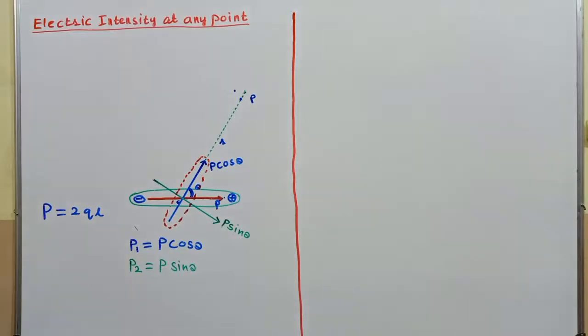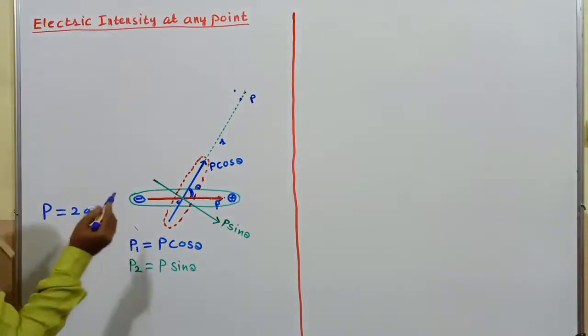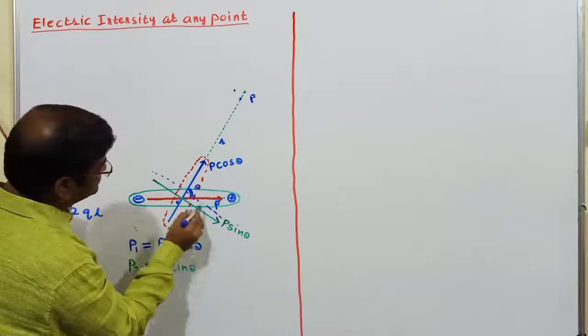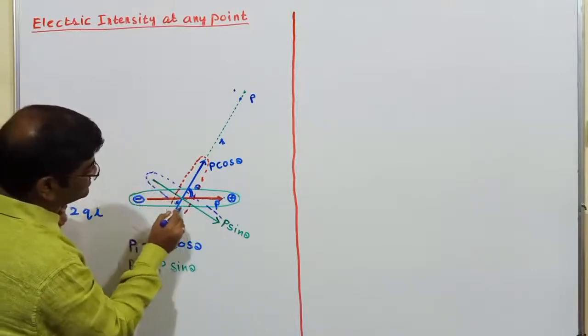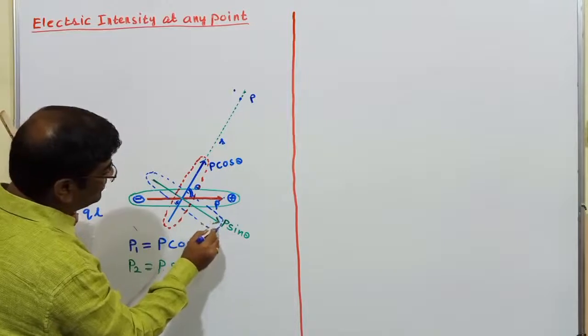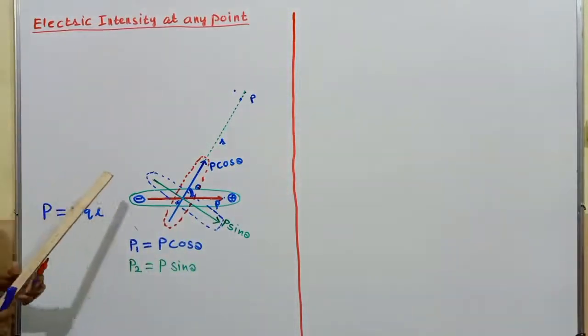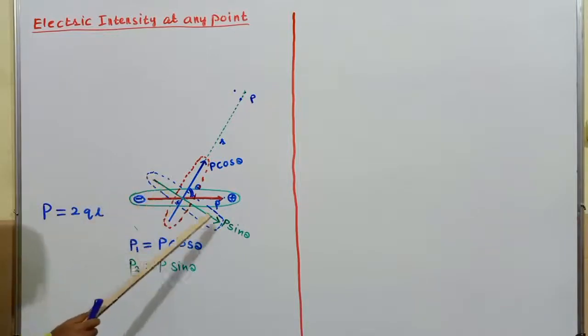And another dipole I can show like this one. Notice what a comfort I have got after resolution. So another dipole I have got is this one, whose dipole moment is P2.